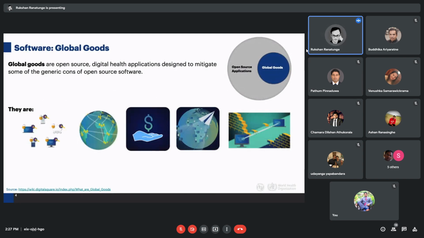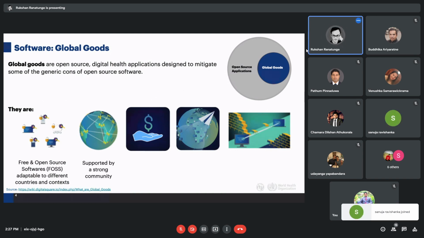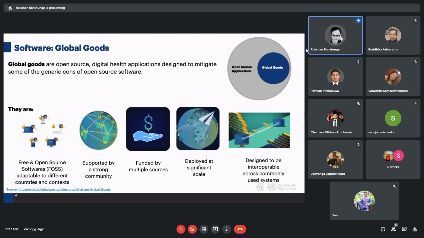This slide is taken from a presentation prepared by WHO for digital global goods, so I would like to give credit to the original creators of this slide. For WHO to consider a health system to be a digital global good, these are some of the basic criteria: it has to be open source software supported by a strong community, funded by multiple sources, deployed at significant scale around the world, and designed to be interoperable across commonly used systems.